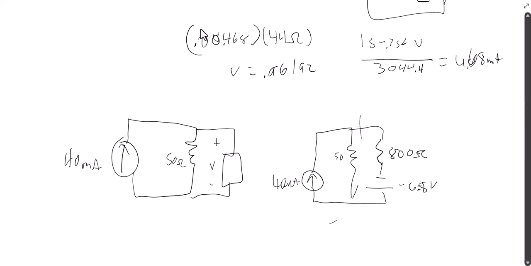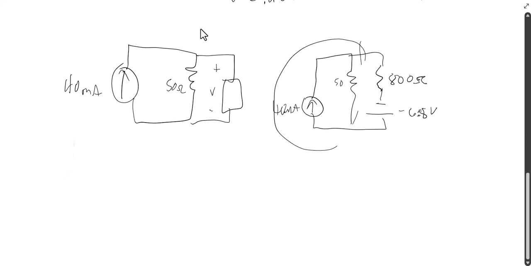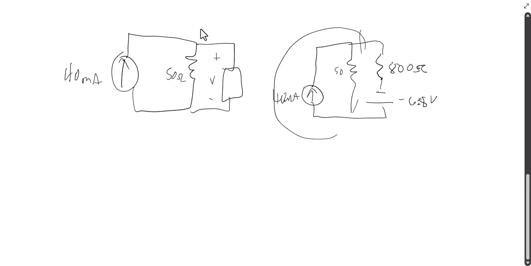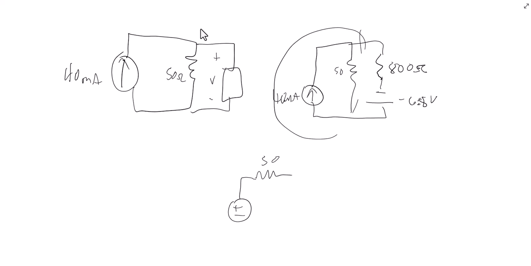So let's do a source transformation on these. When you have a current source and a resistor in parallel, you can turn that into a voltage source and a resistor in series. So that becomes a 50 ohm resistor, and our voltage source becomes 0.04 times 50, which is 2.